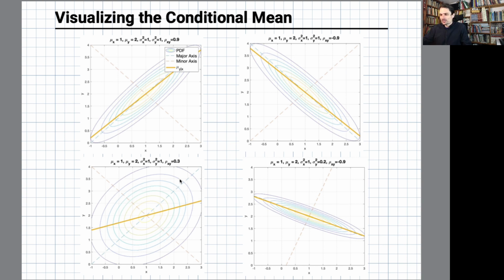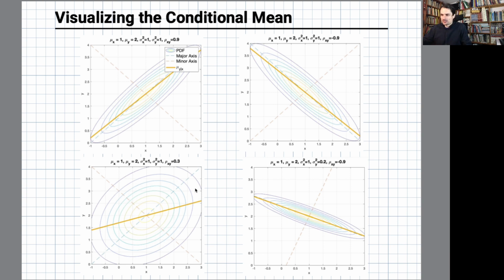However, we can see that in other situations, for instance, where the variances of x and y are not very different, or the rho is not very large in absolute value, the eccentricity is small, right?